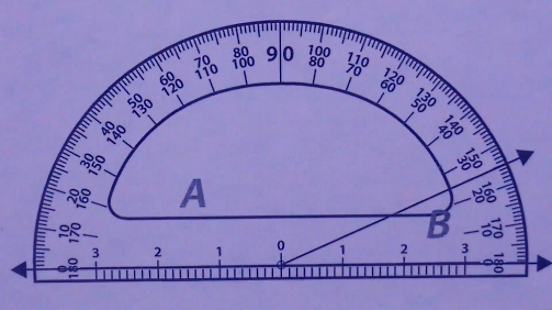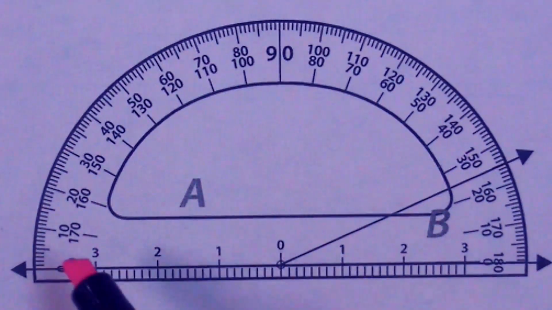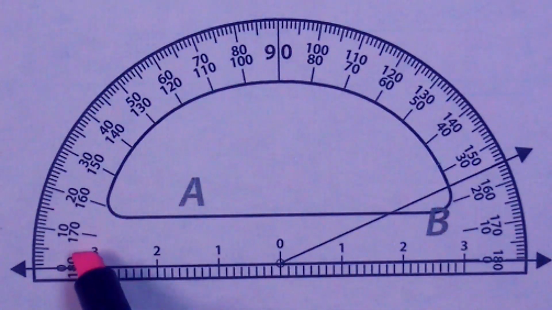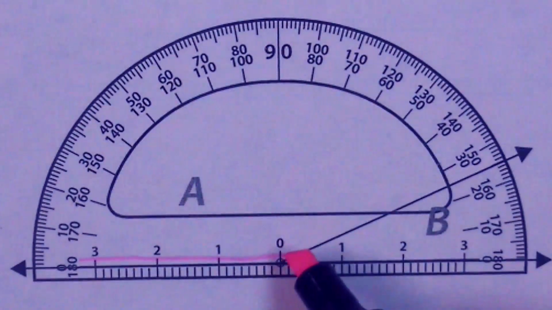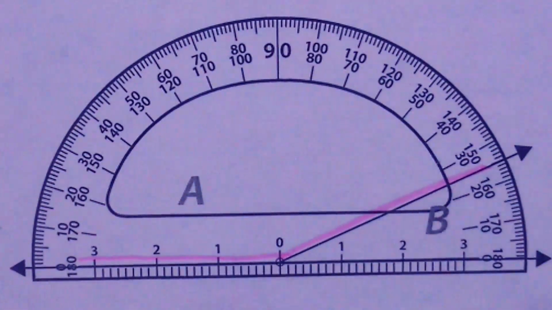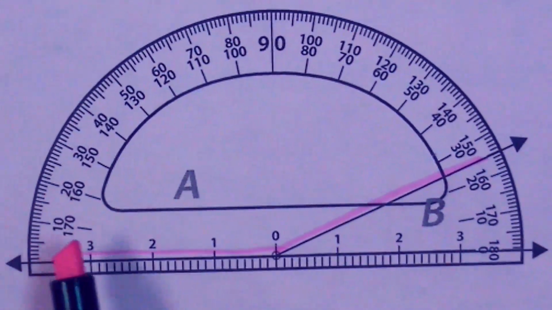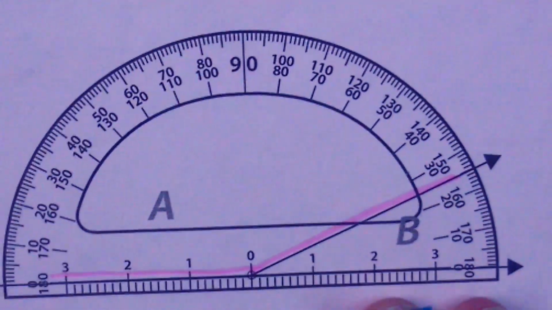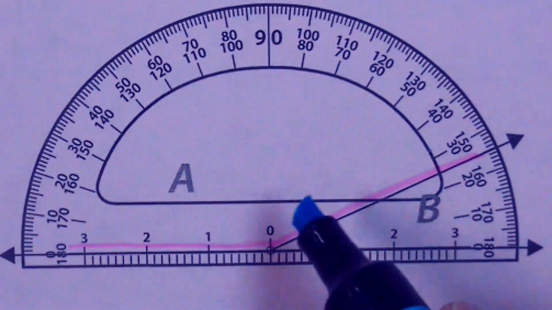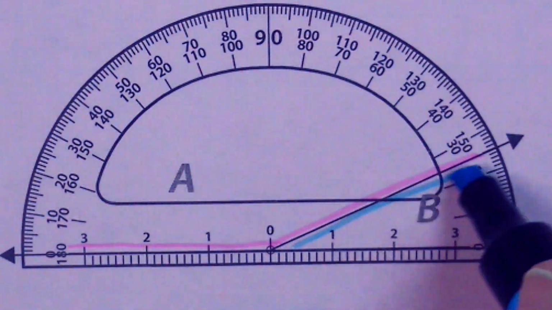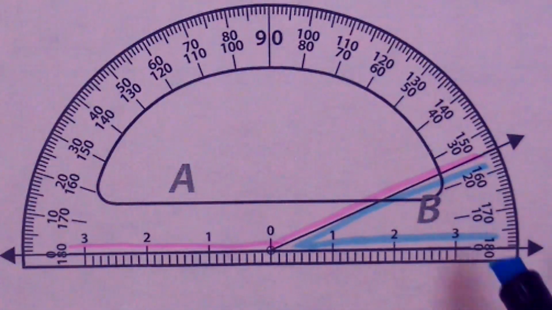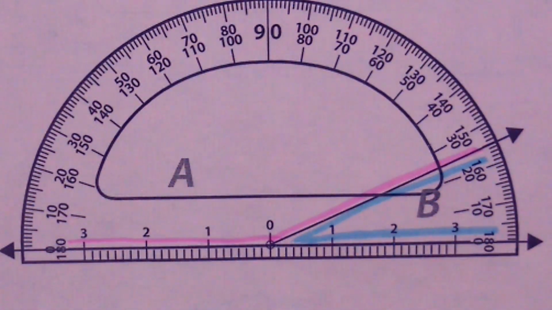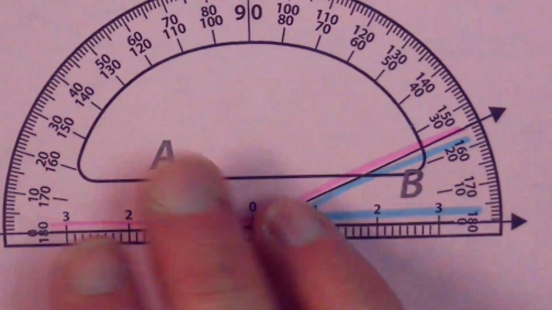So when it's talking about angle A, I'm trying to measure that angle, right? It's an obtuse angle. It's more than 90 degrees. But on the other side, where that letter B is, I have a smaller angle that's formed. This one right here. Okay, so maybe you can think of it as like the blue angle and the pink angle, A and B.